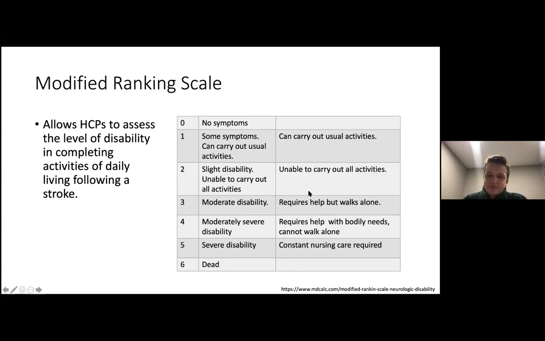But patients can take months, maybe years, to improve their disabilities, and some might never fully recover. So it's another useful scale to have in the back of your mind, or know of.